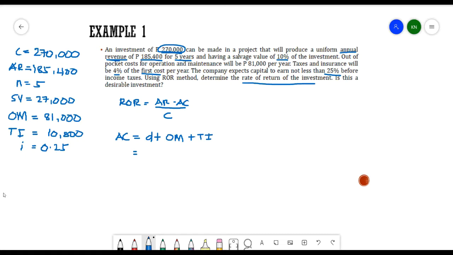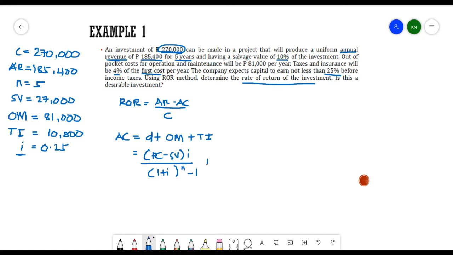For the depreciation method that we are going to use, it is the sinking fund method, since it's the only annual depreciation method that has an interest factor. Since we have an interest here, we're going to use the sinking fund method. And the sinking fund method is equivalent to FC minus SV multiplied by our I, all over 1 plus I raised to N minus 1.